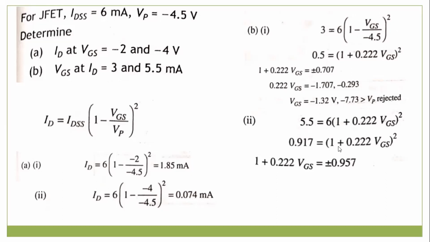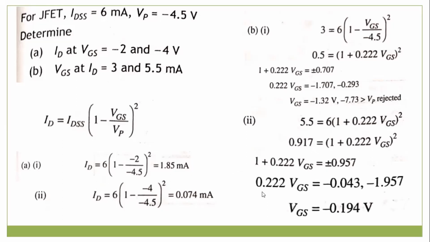If I further simplify, I'll get this equation, that is 0.917 is equal to (1 plus 0.222 VGS) whole square, and if I take a square root on both sides, I will get 1 plus 0.222 VGS is equal to plus or minus 0.957.